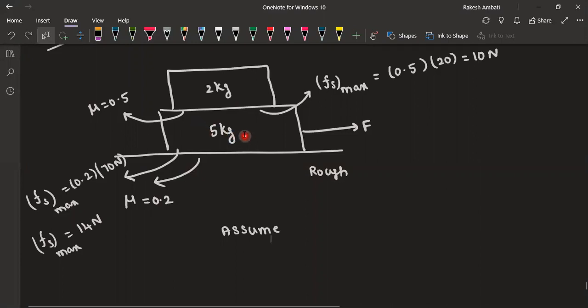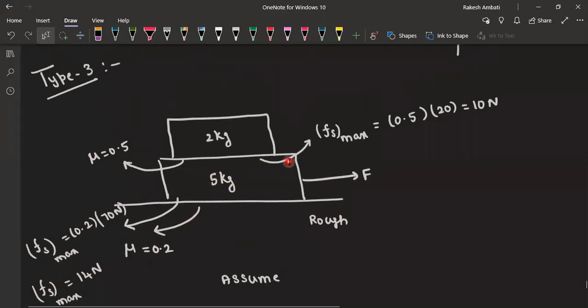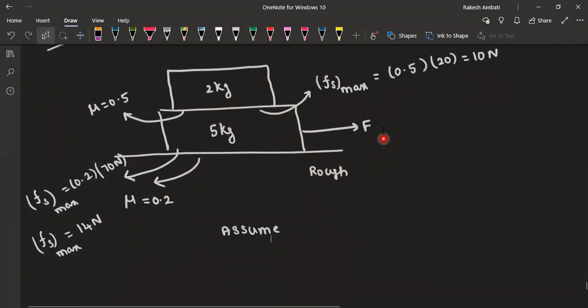If this force is applied, the two blocks have to move, either together or separately, but to start the motion, this applied force has to overcome the bottommost frictional force value, that is the 14 newton friction.